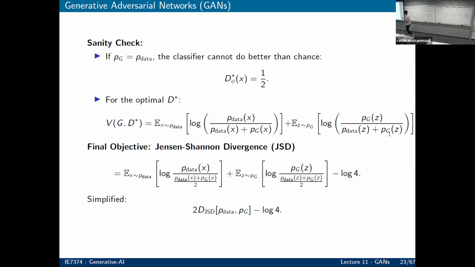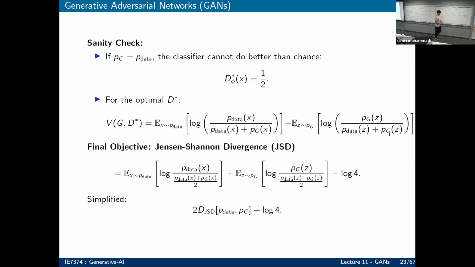Jensen-Shannon divergence basically requires, if you are calculating between P of Q, or here P of data, and this, what we want is a P of average.